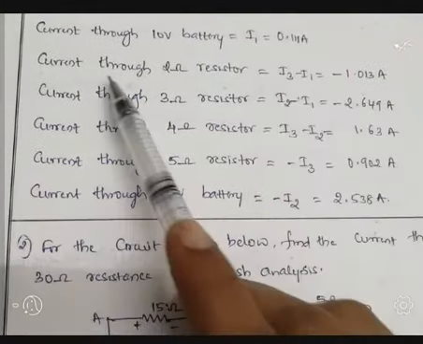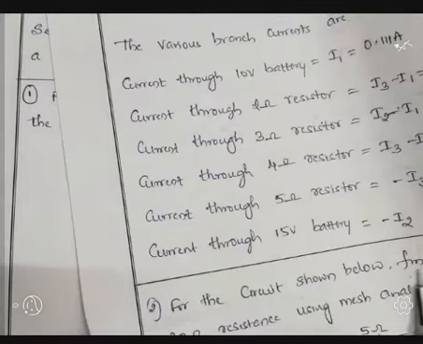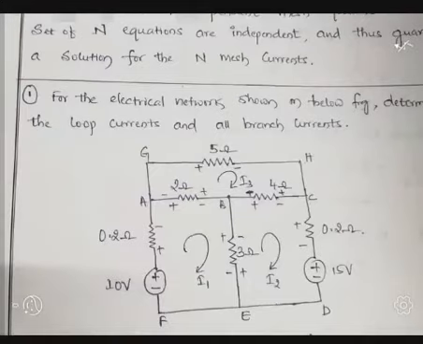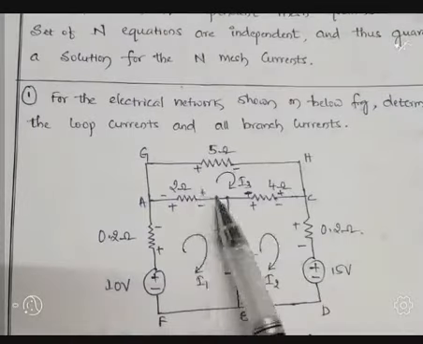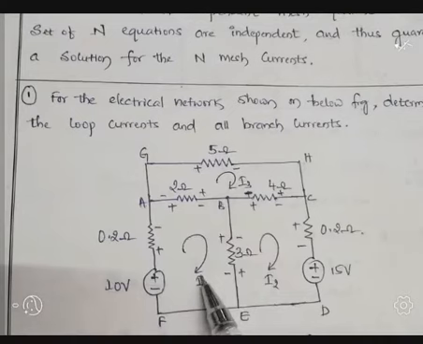Next, current through the 2 ohm resistor. Through this, how many currents are flowing? Current I3 is flowing, I1 is also flowing.